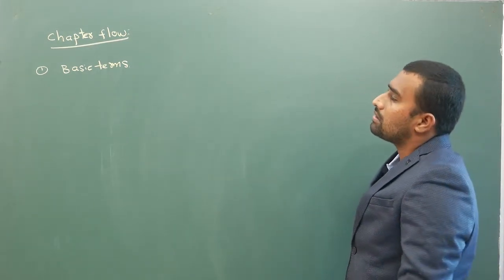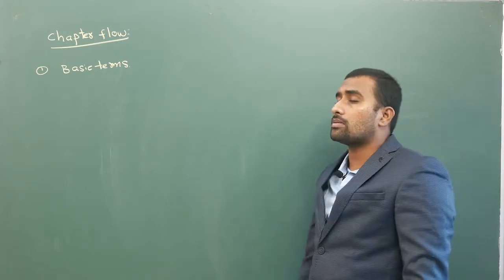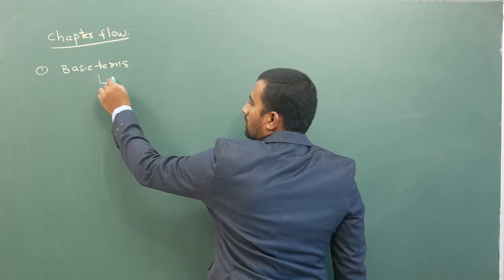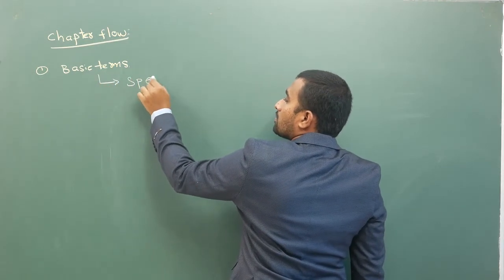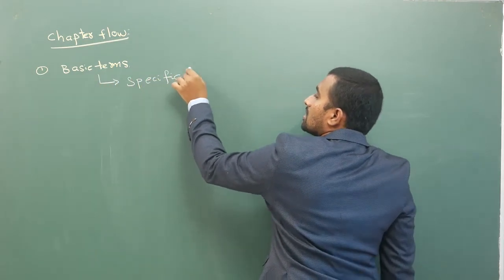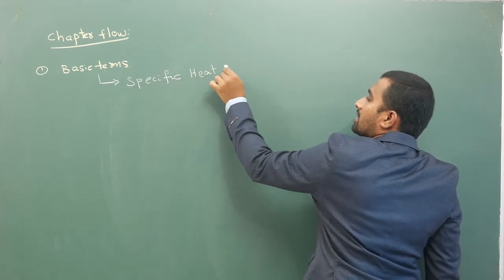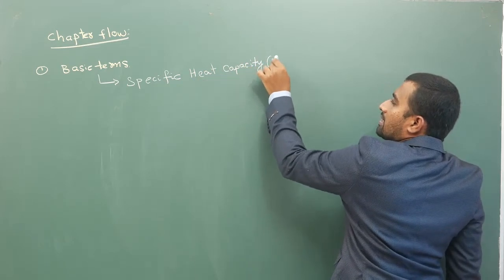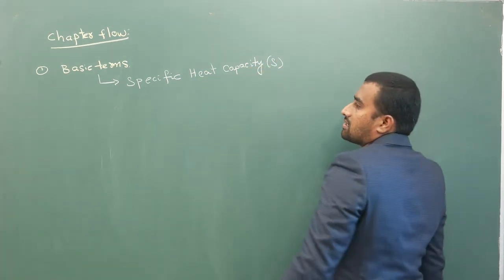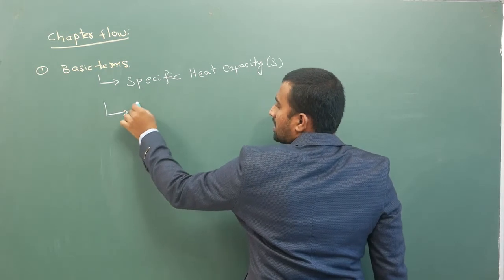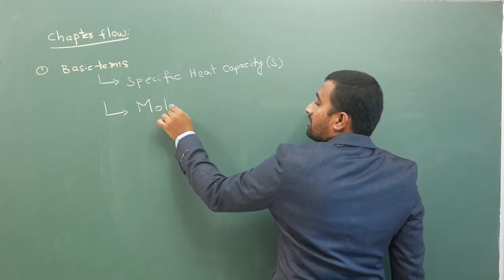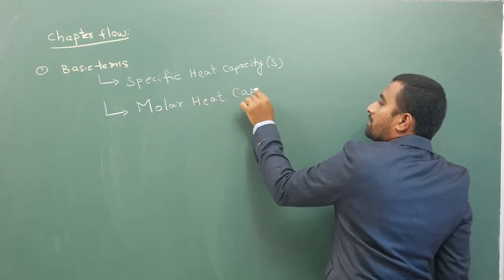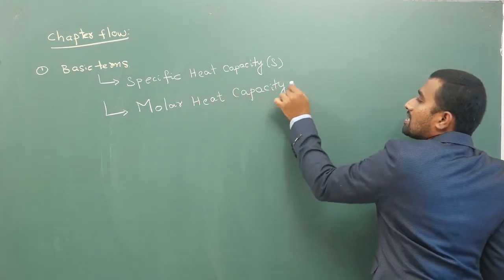If you know these basic terms, in the end we will be able to solve the problems. The first term is specific heat capacity, represented by the symbol S. Next is molar heat capacity, represented by the symbol C.